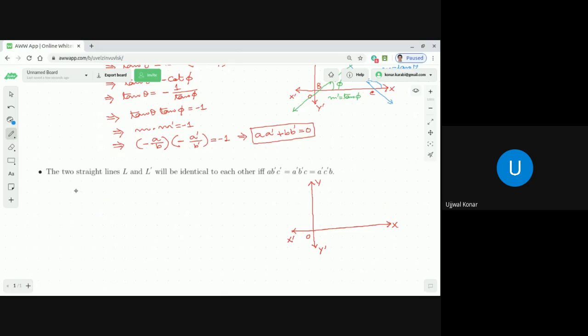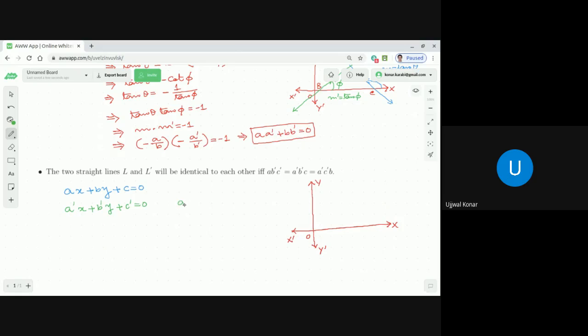If we have the first equation ax plus by plus c is equal to 0, and the second equation a dash x plus b dash y plus c dash is equal to 0, their coefficients are in equal proportion.